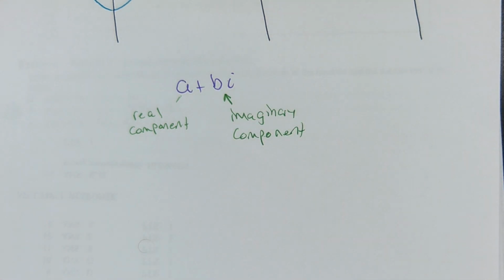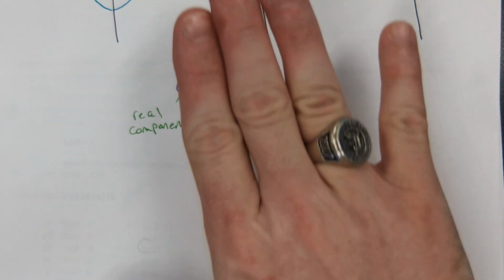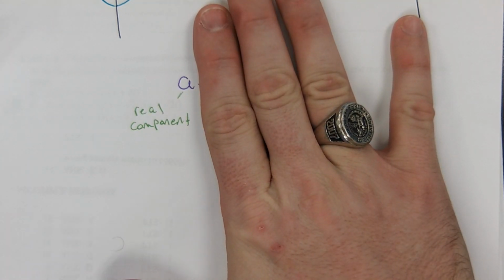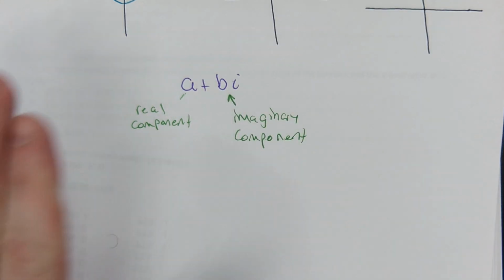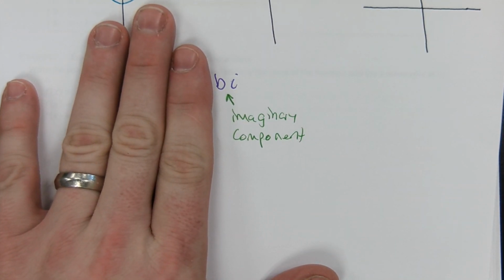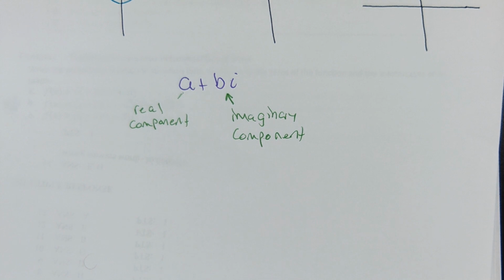So there is a difference between imaginary numbers and complex numbers. Complex numbers have a real component and an imaginary component. Real numbers are just the numbers that you know and love. Imaginary numbers are like that. But I just told you that every single number, real or imaginary, is a complex number, all of them.